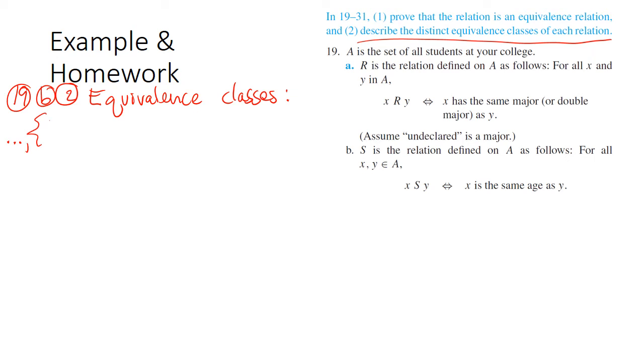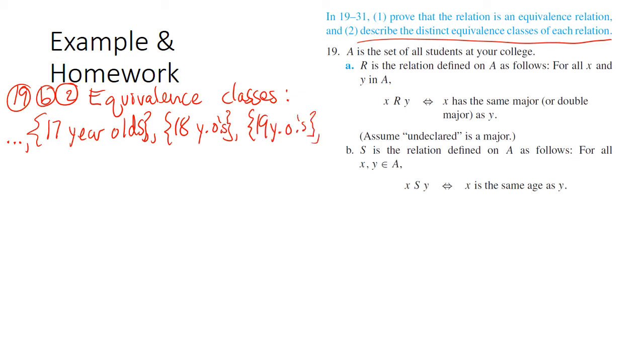So I'll say maybe the 17-year-olds should go there, and then the 18-year-olds, the 19-year-olds, the 20-year-olds, and then I'll just put a dot, dot, dot, because I don't really know where it ends either. We might have some older people, I don't know. But yeah, those would be the equivalence classes.